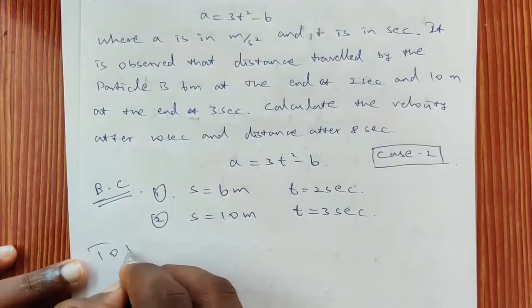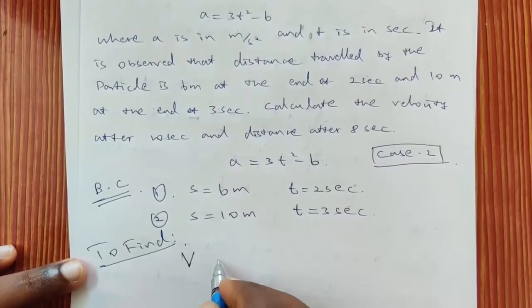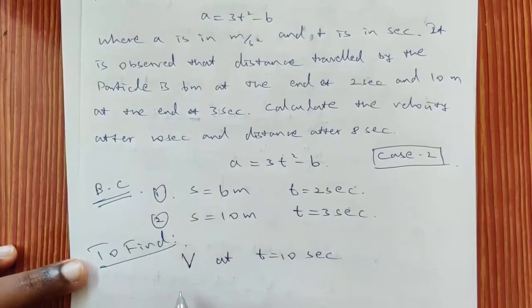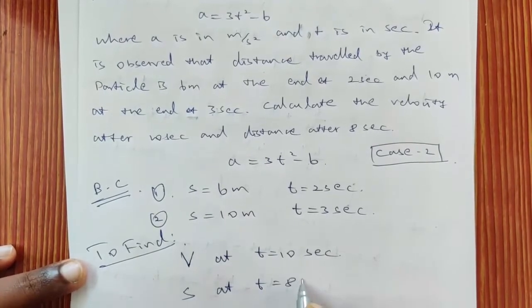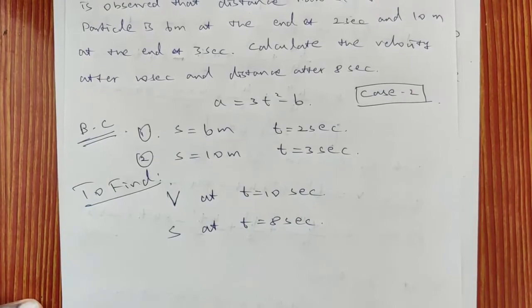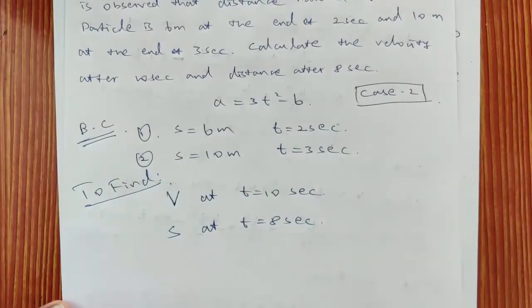So to find v at t is equal to 10 seconds and s at t is equal to 8 seconds. Since it is case 2, we have to integrate the equation to find the value of velocity and displacement.